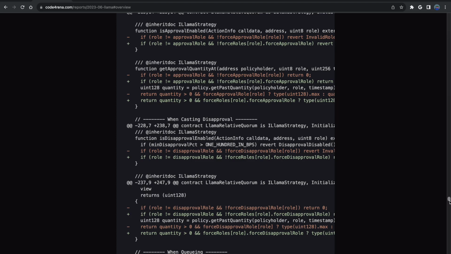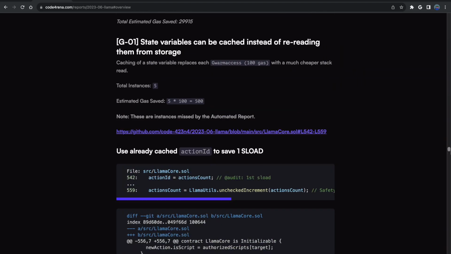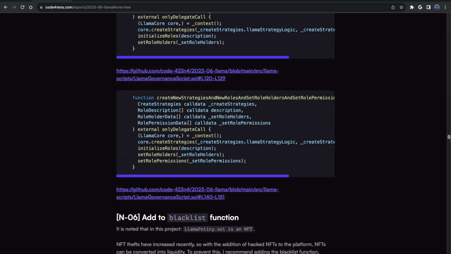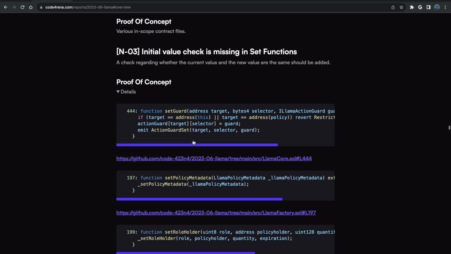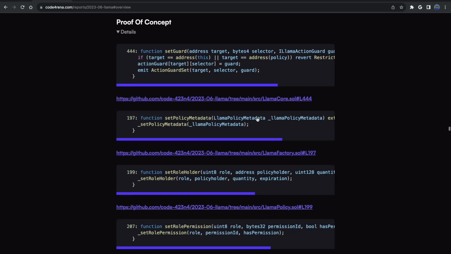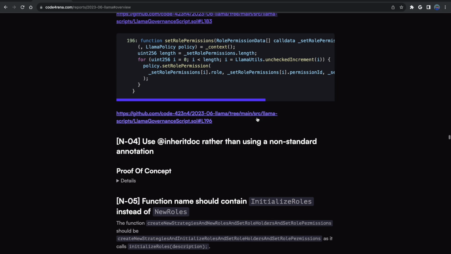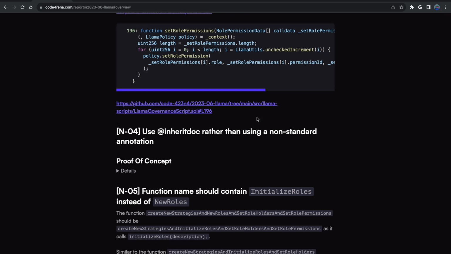These are much easier to understand, as well as these non-crits findings. So let's see. Initial value check is missing in set function. There you go. So there's no initial value check there. Easy one to find. Use inherit doc rather than using the non-standard annotation.